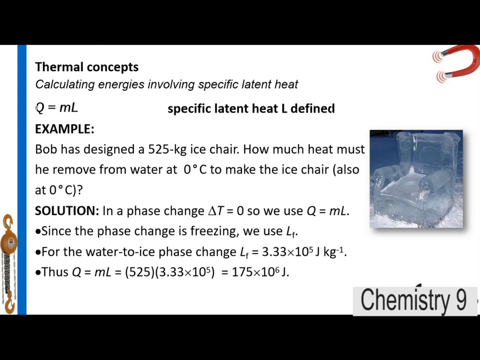In other words, in order for the water to freeze totally to ice, you would need to remove this amount of heat from the water in order to freeze 525 kilograms of water.